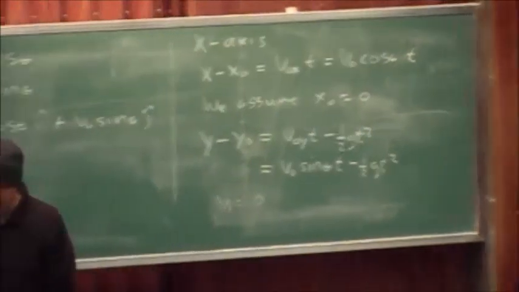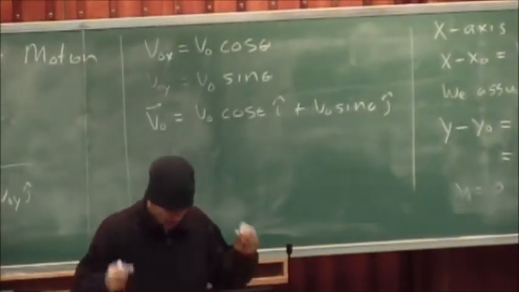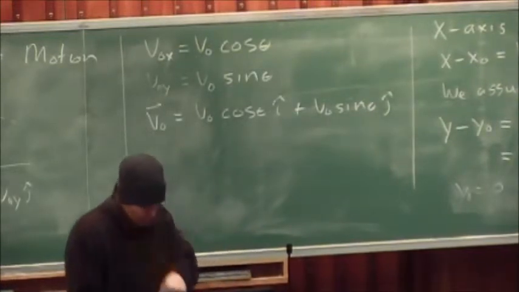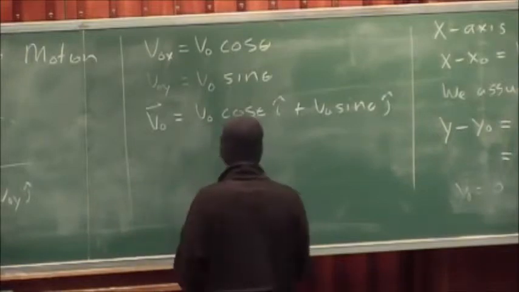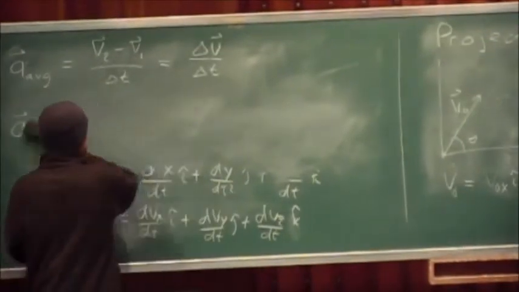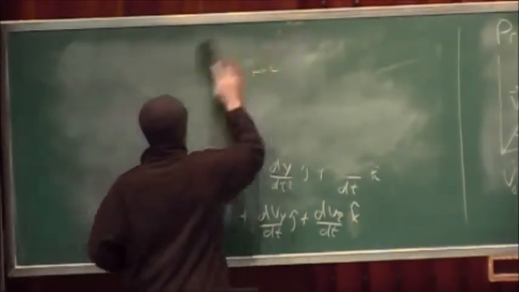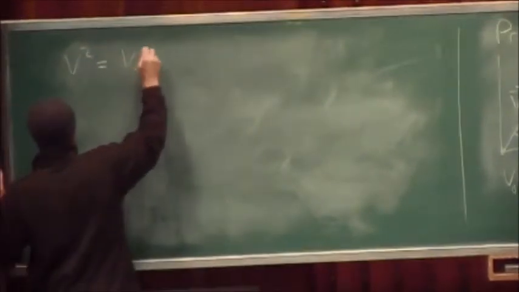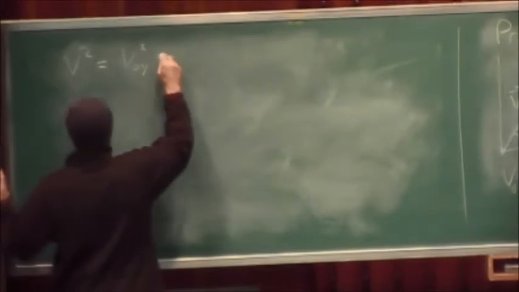because we're assuming that the origin is where the projectile is launched. Okay, we have another equation of motion that, as you remember from last time, is independent of t, because we solved for t in the two equations, and we got something that looks like v squared is equal to v0y squared minus 2g times y minus y0.